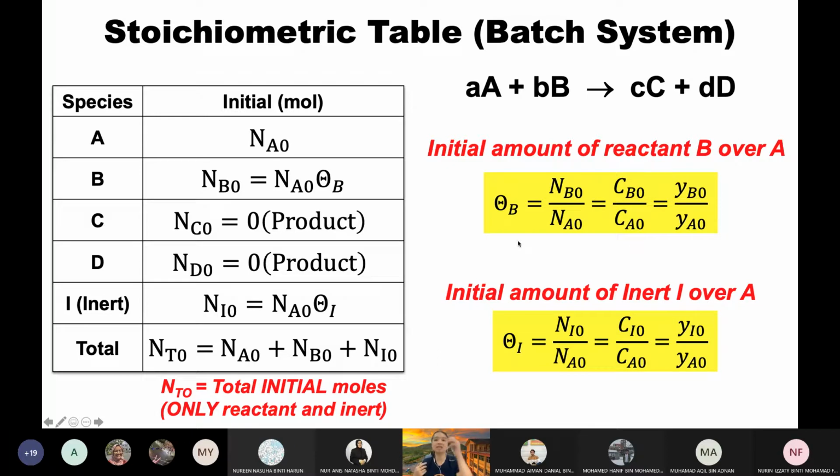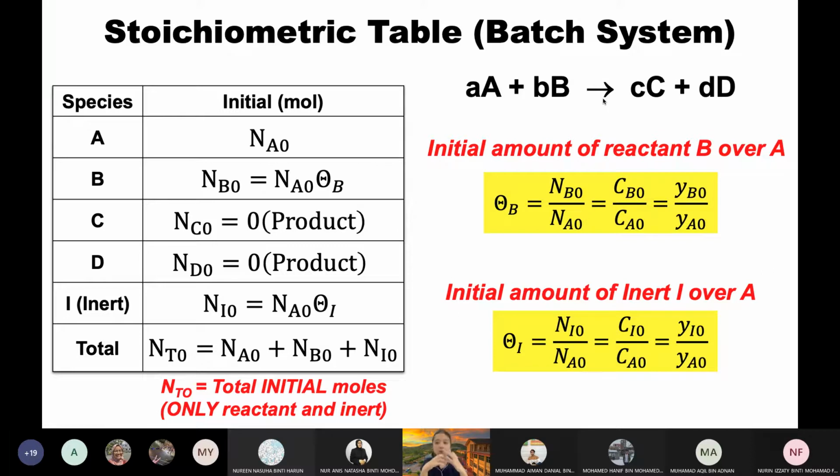Okay, so theta B means berkaitan dengan B kan? The easiest way to explain theta B, sebab kalau kamu nak hafal formula dia memang susah. The easiest way for me to tell you how to remember apalah itu theta B. Theta B is the ratio of initial amount of B over initial amount of A. Okay, again is ratio of initial amount of reactant B terhadap reactant A. So dalam case ni B akan ada nilai sebab B ni kan reactant, so bilangan mol asal B ni kita akan tahu.